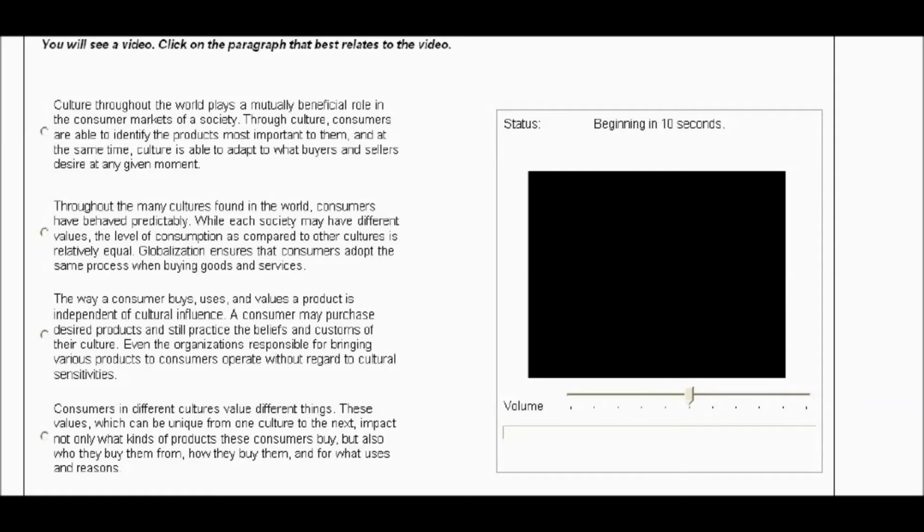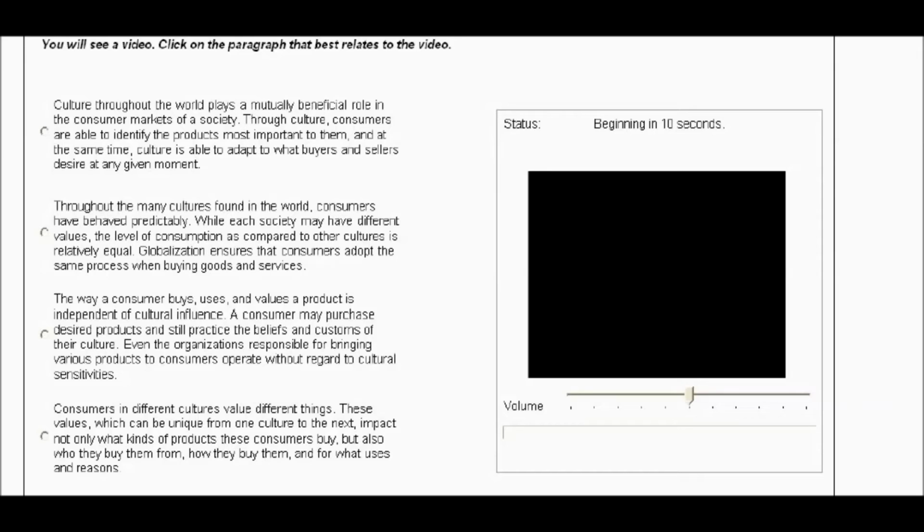What influences consumers in different parts of the world? Many factors affect how we as individuals and societies live, buy, and consume.